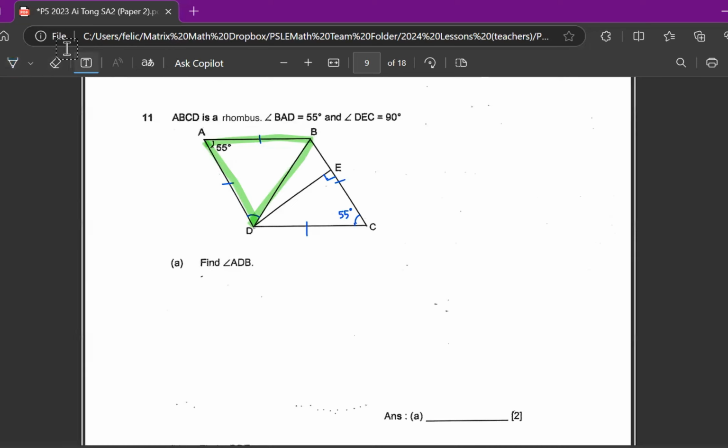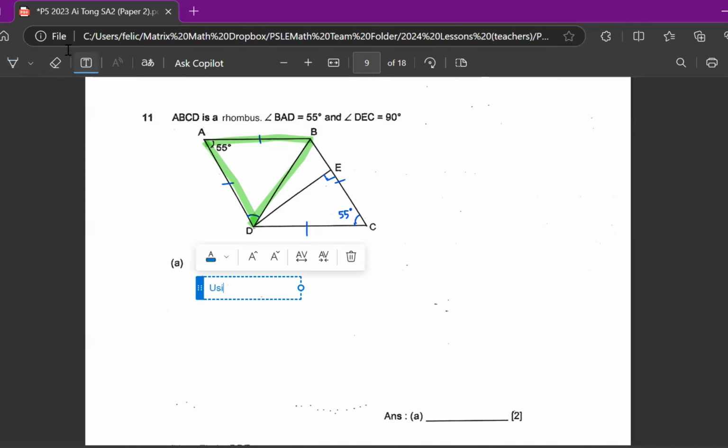So I'm just going to put a note here: using isosceles triangle ABD. Now we can find angle ADB. Take note which 2 angles are equal in this triangle. These are the 2 equal angles. You see these 2 sides are the same, which means these 2 corners at the bottom of this side will be equal to each other, corner D and corner B. Remember, angles in the triangle add up to 180 degree. So to find angle ADB, simple.